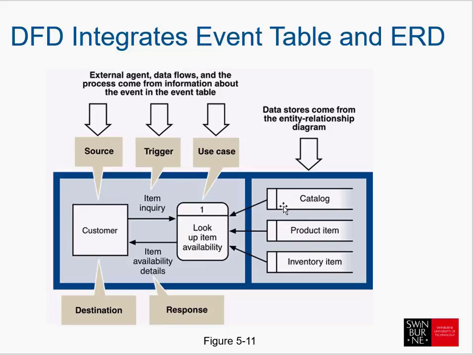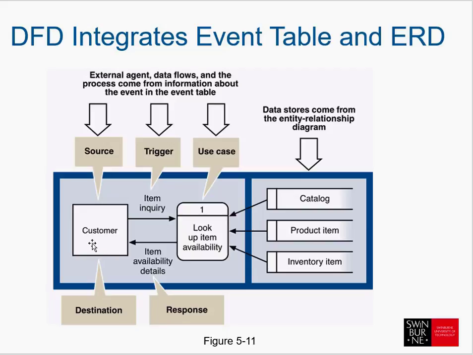So in order to execute this small fragment, the business analysts determined we need the catalog information, the product item information, and the inventory item information. So we are going to read from each of these entities back to the process in order to produce the list of available items back to the customer.